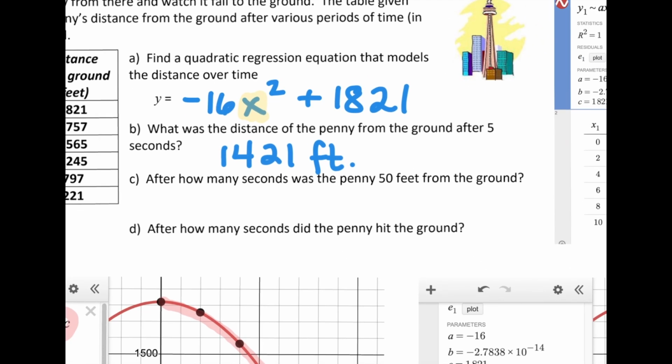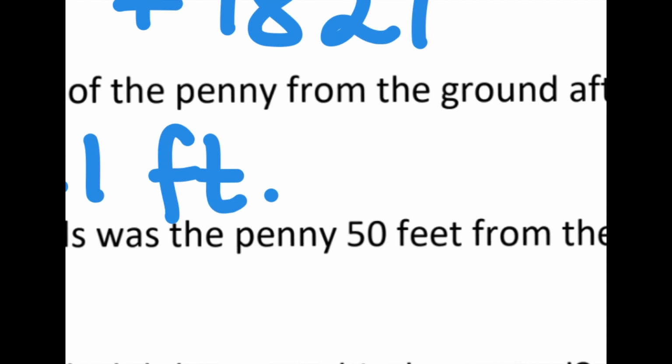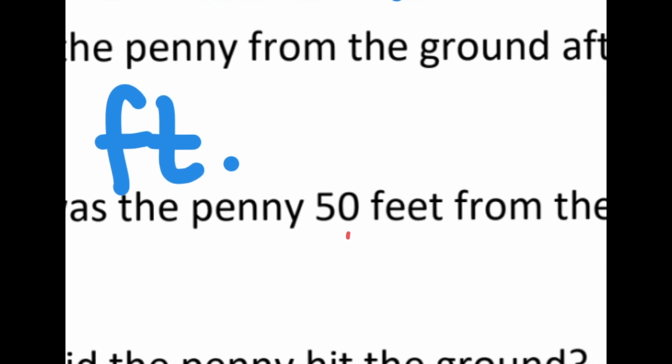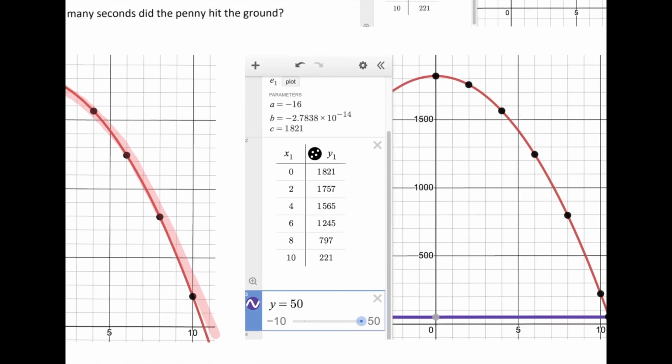C asks, after how many seconds is the penny 50 feet from the ground? And remember that your y values are your height, so that means y equals 50, and that's going to be one of the problems where you make Desmos graph a horizontal line.